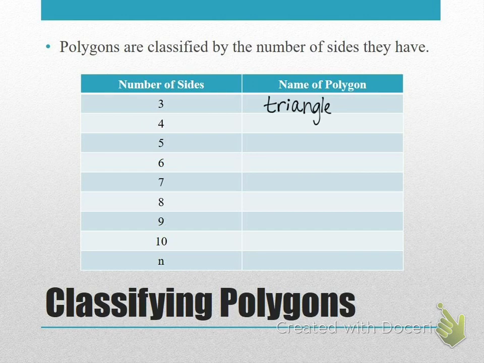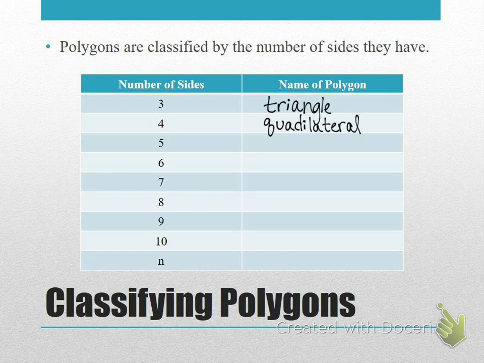Anybody know what we call a four-sided polygon? A quadrilateral is the correct response. You cannot call it a square or a rectangle unless you know certain things about it. So if all that you know is that it has four sides, you can only call it a quadrilateral.